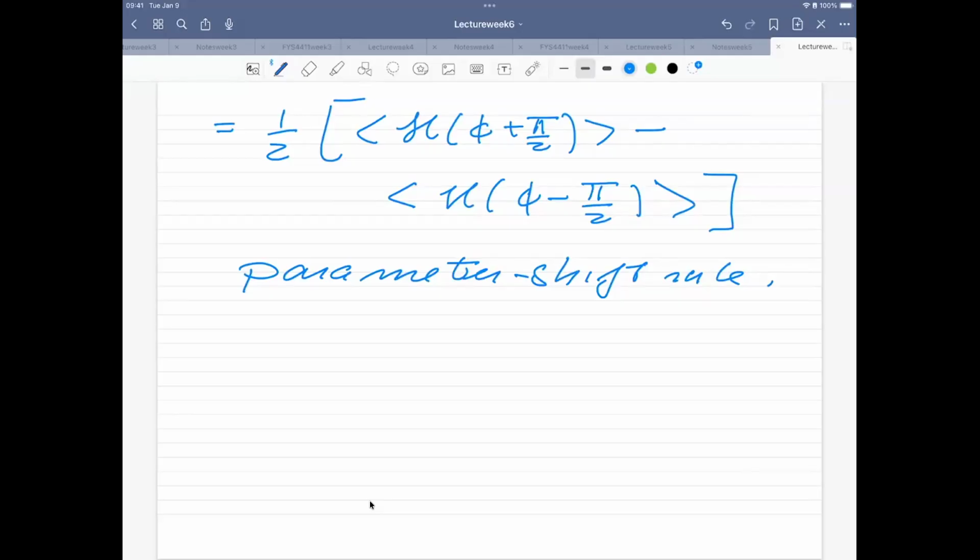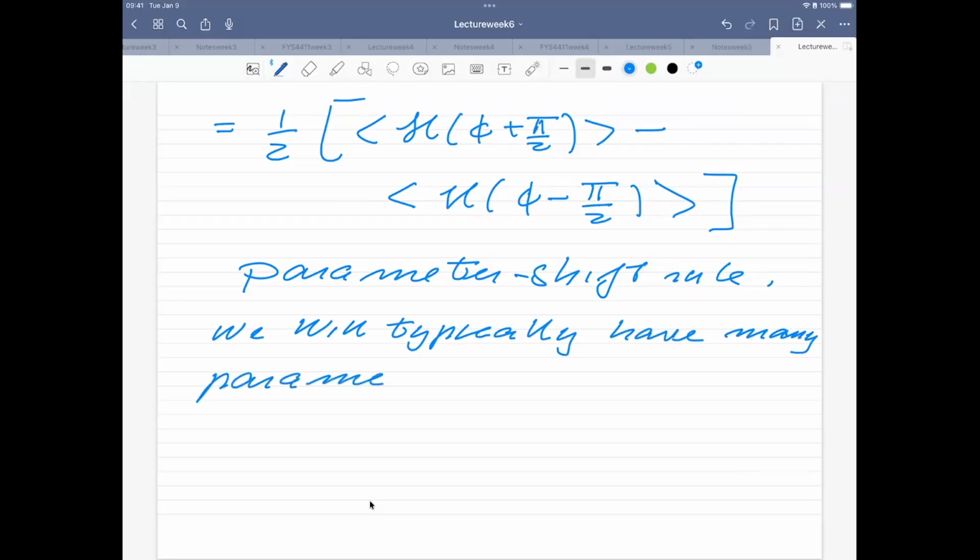And if we are having many parameters, which we will typically have, we can put them in a common denominator, which we could call something like phi 1, phi 2, phi 3, etc. Which means that we can set up a more and more complicated ansatz for the wave function.